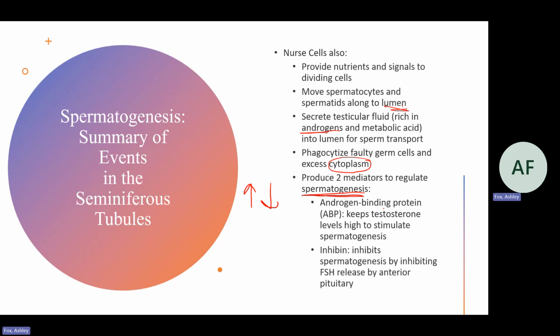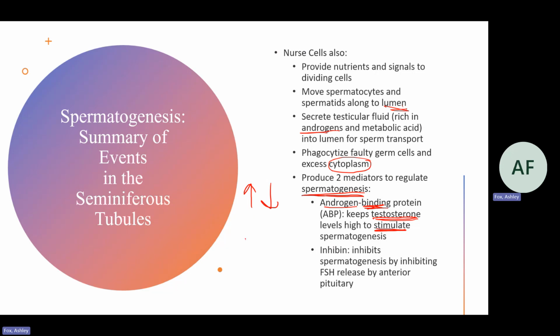So androgen binding protein is in the name. It's binding, holding on to testosterone. Why do they need this? Nurse cells need to produce androgen binding protein because we need to keep testosterone levels at a high enough level that's going to help stimulate spermatogenesis.